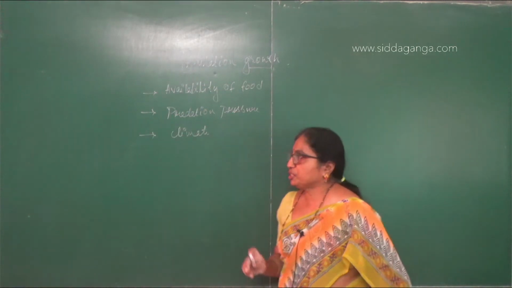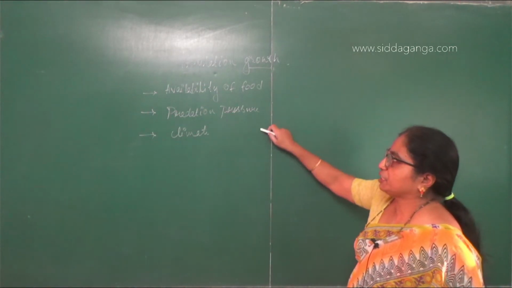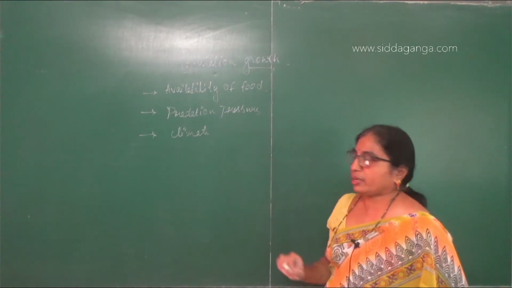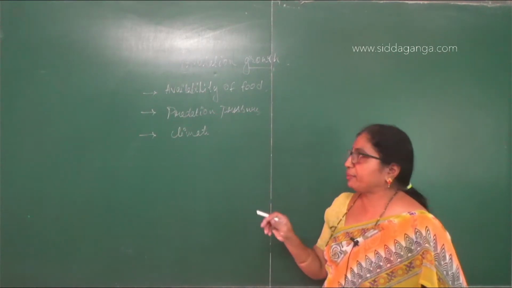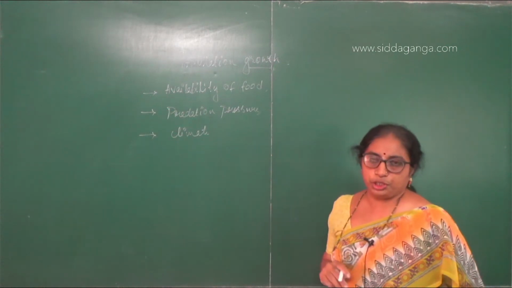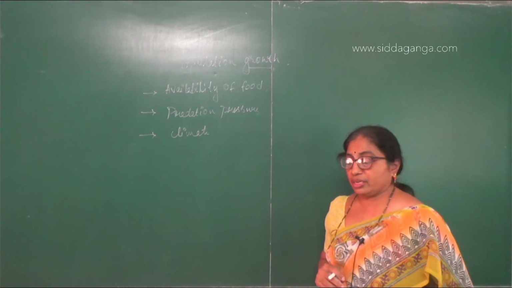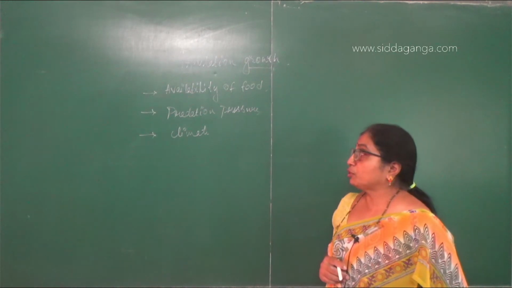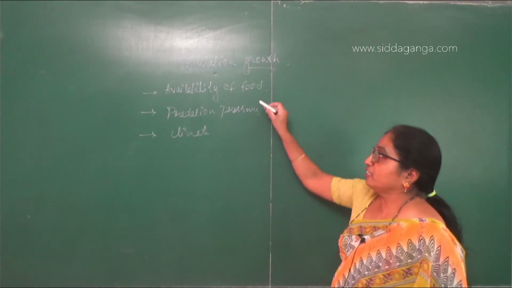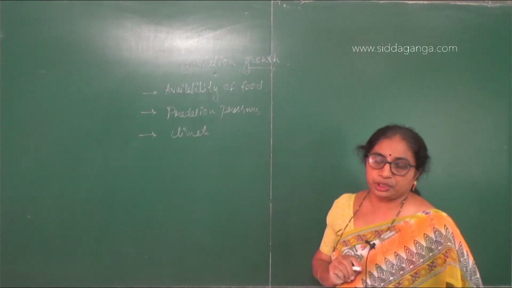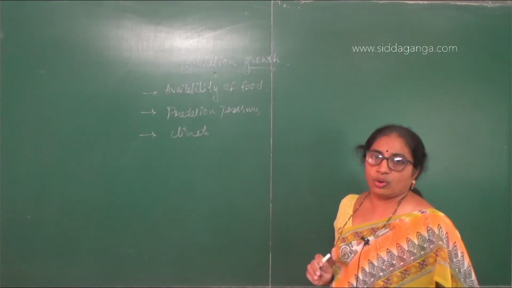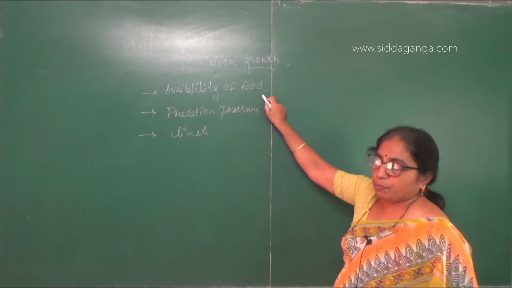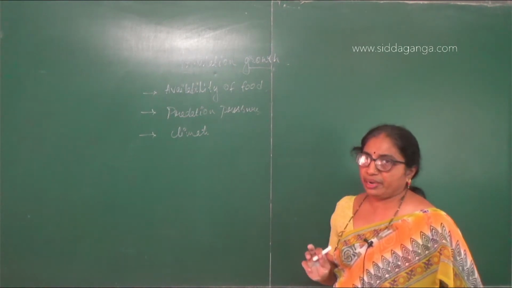So the population size is affected by these three aspects, that is, availability of food, predation pressure and also the climate. If in a particular habitat there is abundant food, that is, the resources which are essential for a population to grow, then there might be an increase in the population. If there is no adequate or optimum level of food available for the population, then the population may decline.